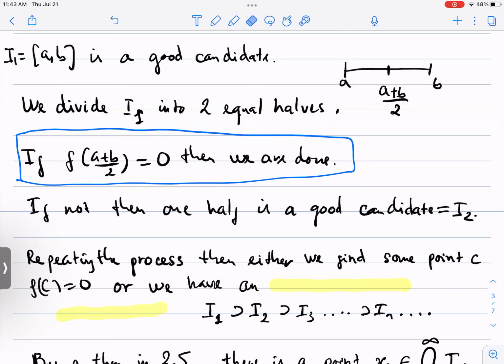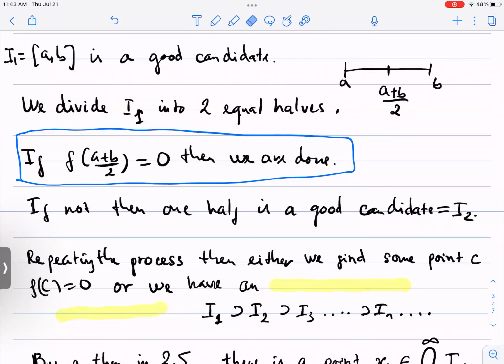And the process is stopped if we arrive at a point where the function is equal to 0. And if we arrive at that point, then we are done. That's the whole purpose of doing this process. If not, then we can repeat this process forever.